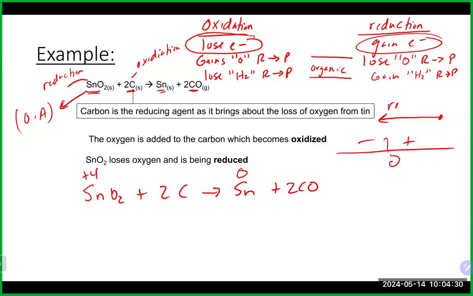We can see it is becoming more negative, so it's going through reduction. So as soon as you're able to identify this guy going through reduction, by default, the other guy has to go through oxidation. So that's one of the nice things about redox reactions: if you can for sure identify what's happening with one substance, by default, the other thing should be happening with the other substance. Any questions on that there?